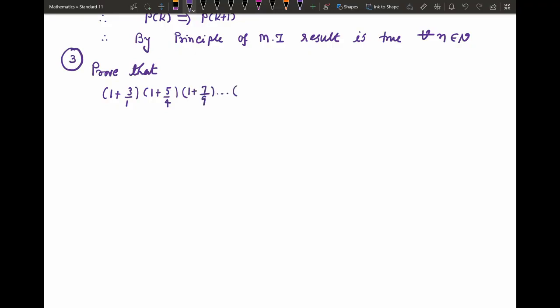Now you observe that on the left hand side there is no addition, there is multiplication of n brackets. So 1 plus 2n plus 1 upon n square equal to, we have to prove, n plus 1 whole square.